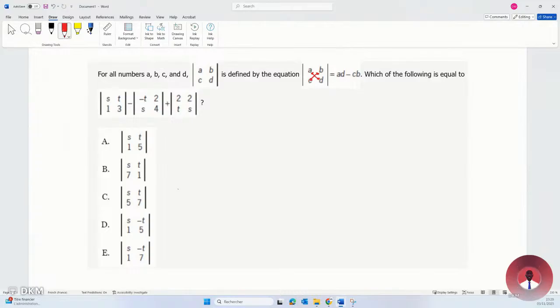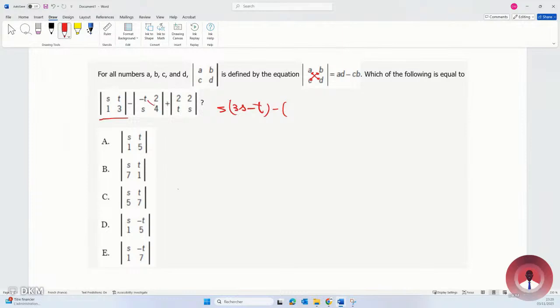So this first here is going to give us 3s minus 1t, or t. And then we have the minus sign here, minus in the brackets.